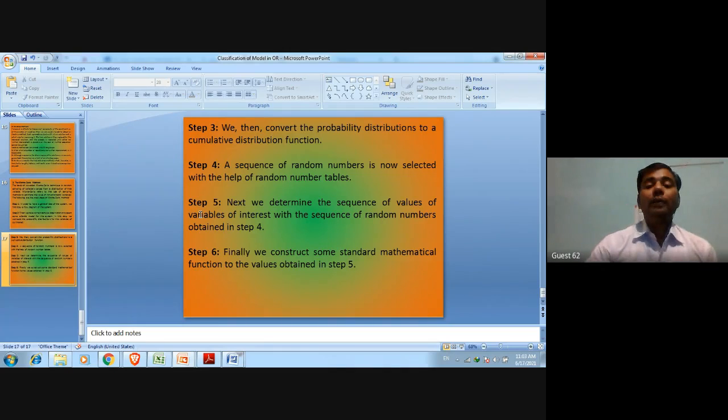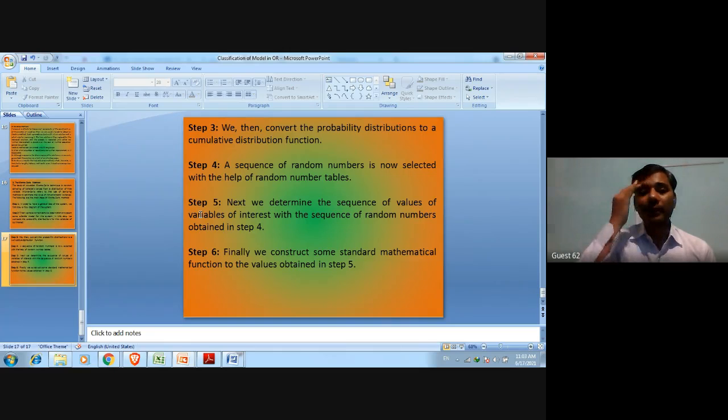Next, we determine the sequence of values of variables of interest with the sequence of random numbers obtained in step 4. When you are using trials, you also have to determine sequences of values of interest.